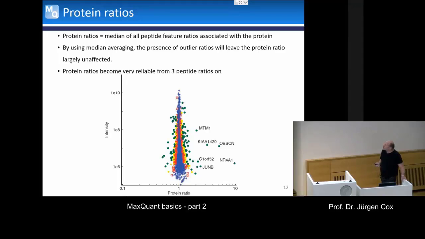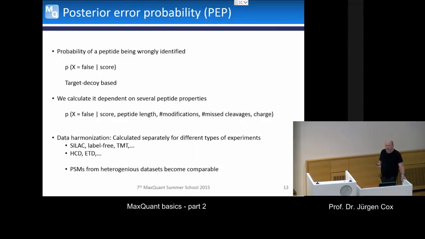One very important thing is getting back to identification and how we actually go from the identification scores of the search engine to identify proteins in the end. What we like to use there as a tool is the posterior error probability. First of all, because it is a very nice statistical handle on the certainty of your identification.